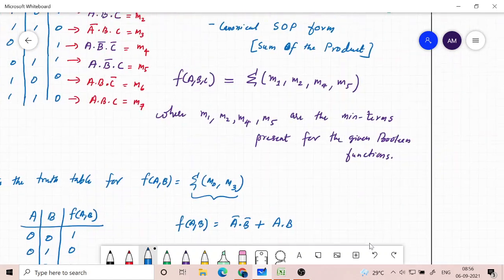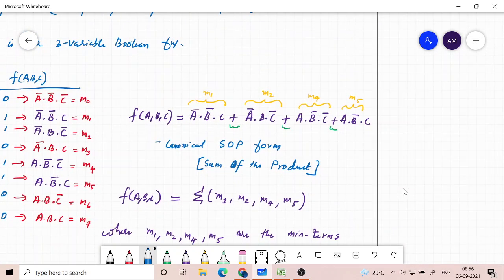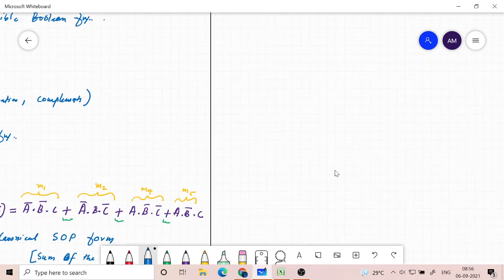This is the canonical SOP form, sum of products, and you can represent it concisely by listing only the min terms that are present, and you use sigma notation to say that all these min terms are to be added up in order to get the Boolean expression. Alright, so what is the other way we can represent the Boolean function?